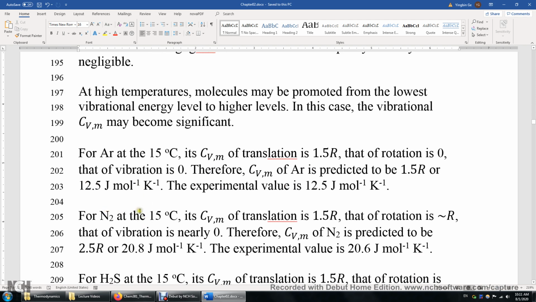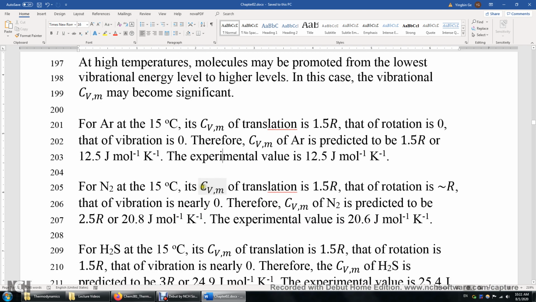Now nitrogen 2 at the same 15 degrees temperature, roughly room temperature. Its translation CVM is 1.5 R. Rotation: it's a linear molecule, so it's going to rotate about two different axes. The CVM of rotation is 2 times 0.5 R, it's just 1 R. Its vibration CVM is nearly 0. This is because the bond between the two nitrogen atoms is strong.